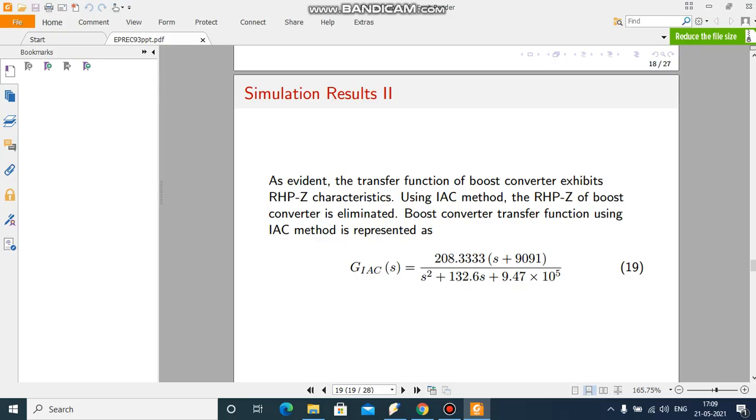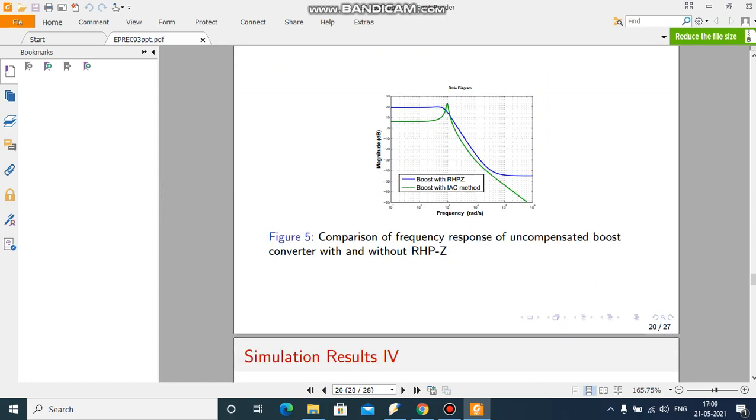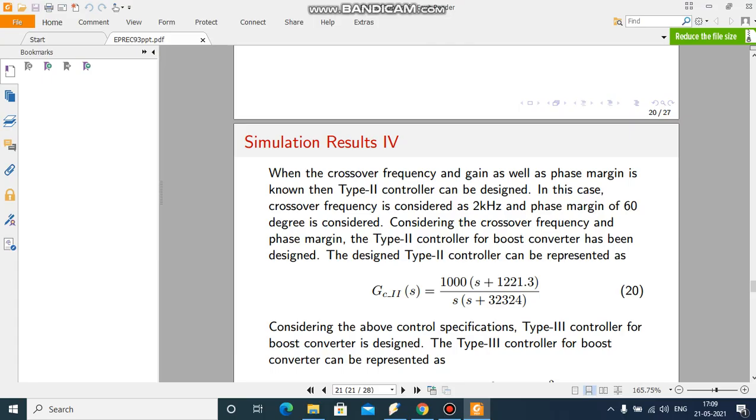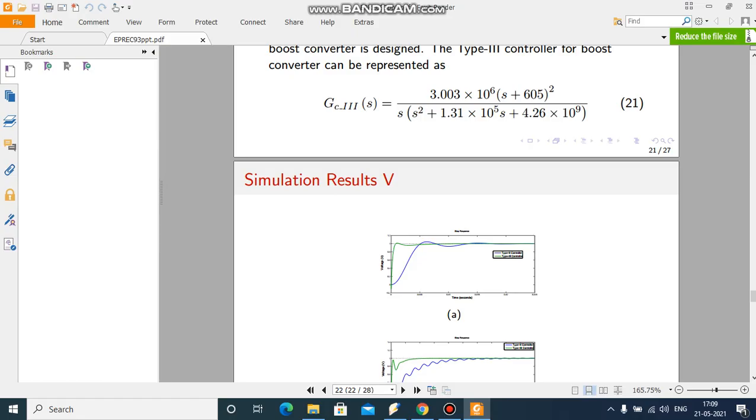So for that we have used the IAC method. Using this IAC method, you can clearly see that the RHPZ effect has been nullified. To strengthen our logic, we have provided the frequency response of the system, and GC2 and GC3, that is the type 2 controller as well as the type 3 controller.